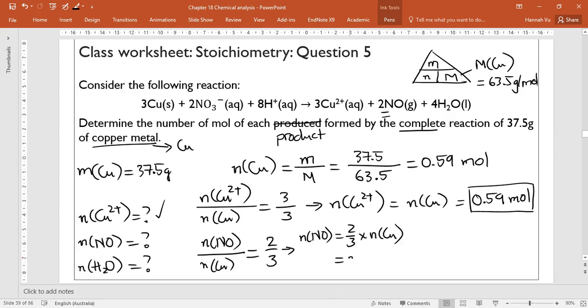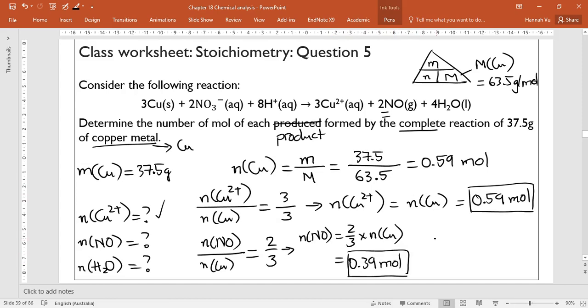So 2/3 times, I'm just gonna write the answer because I don't think I have enough room there. So I'm basically just 0.59, but try to use the exact value in the calculator, times 2/3. So you get 0.39 mole. So I really want to start a new slide.